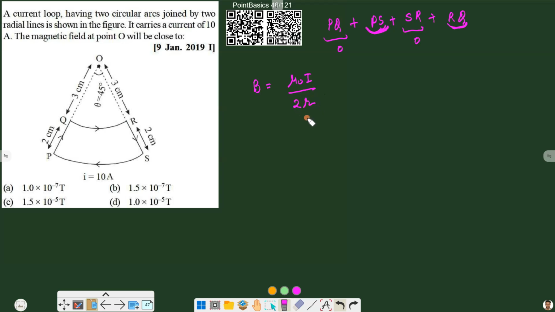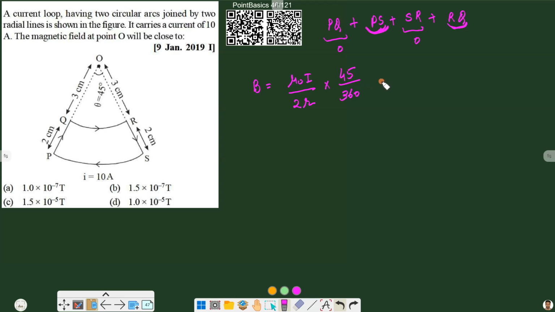Now, this is the magnetic field due to a complete loop, but we have only a portion of the loop here, and that portion is only 45 degree. So the magnetic field will be 45 degree out of 360 degree, as we have contribution only from the 45 degree part.